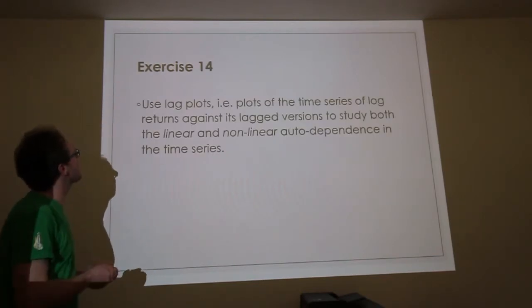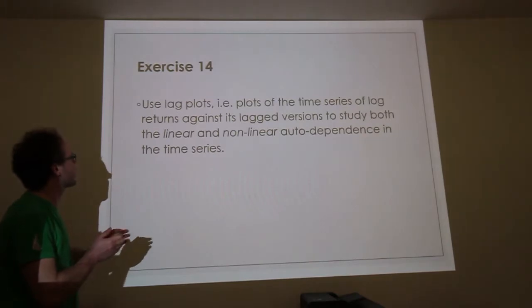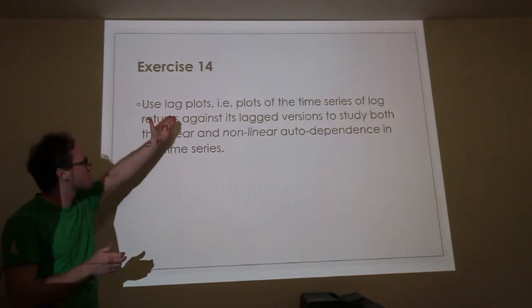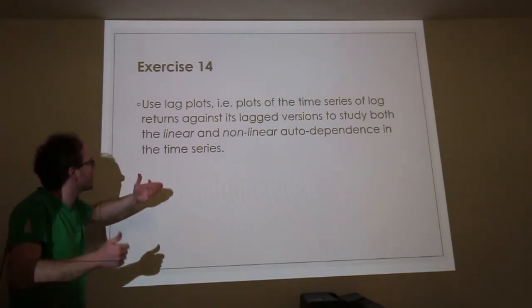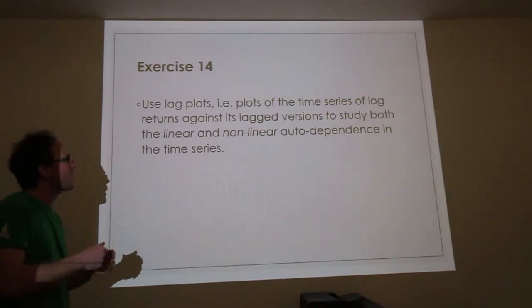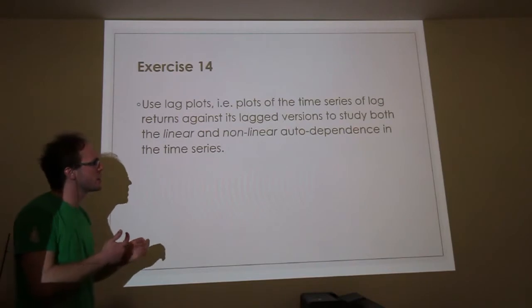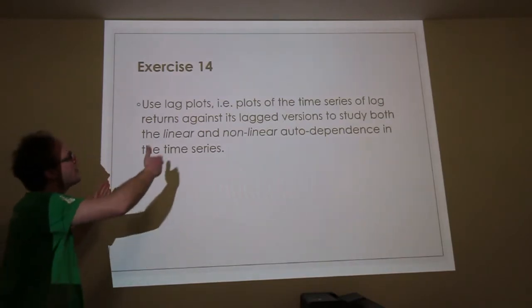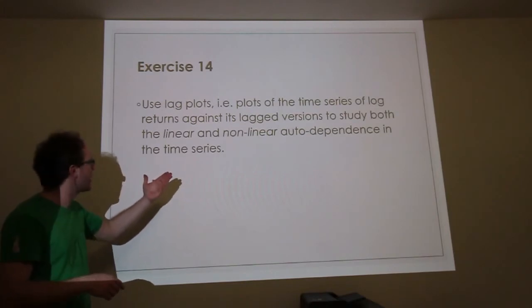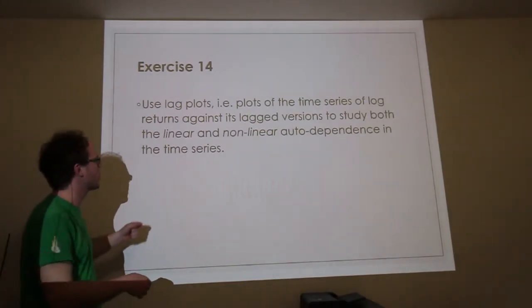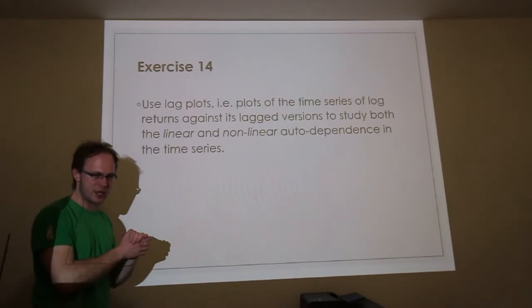There is another exercise. Use lag plots, meaning plots of the time series of logarithms against its lagged versions, to study both the linear and non-linear autodependence or autocorrelation in the time series.